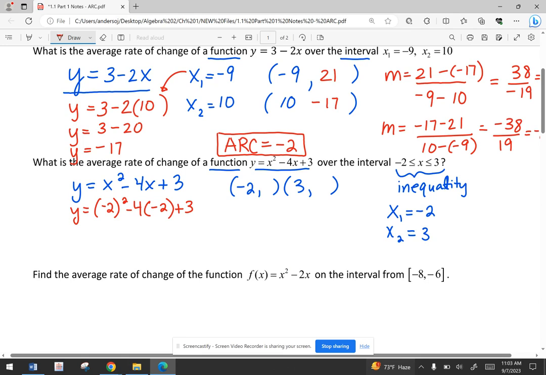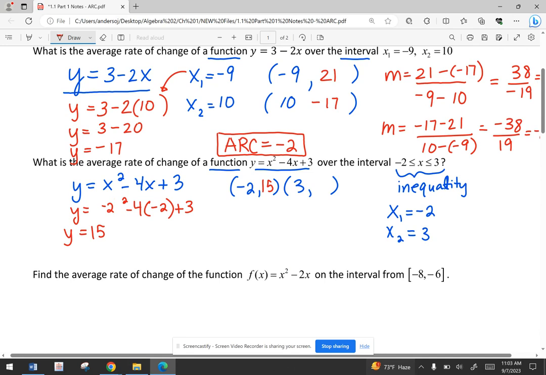If you want to go ahead and try plugging in -2 squared minus 4 times -2 plus 3, when you plug that in, you should get y is 15. If you're not getting 15, it's possible that you forgot the set of parentheses on that -2.